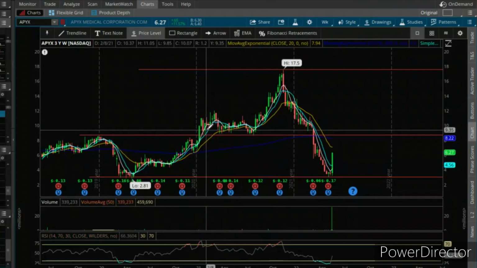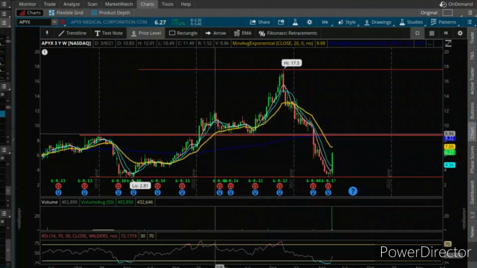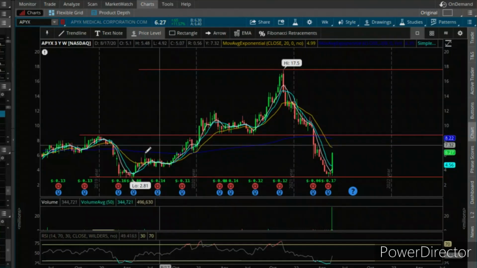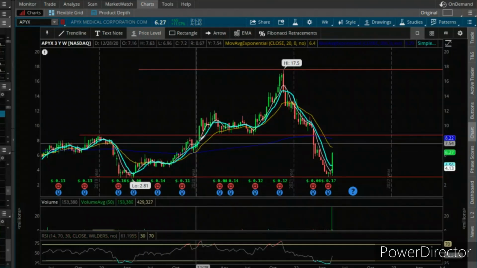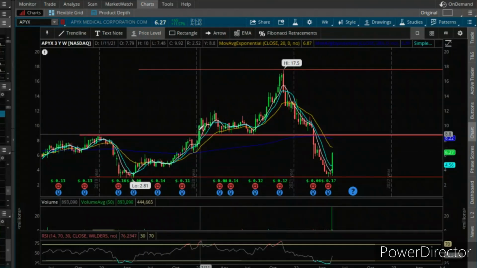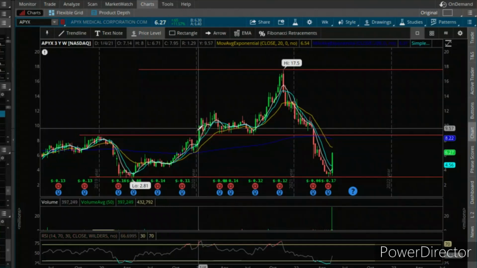You could argue to put a support line right there, and you can see that the line was respected. It didn't break through, until you see a whole full bar going through the line, like right here.